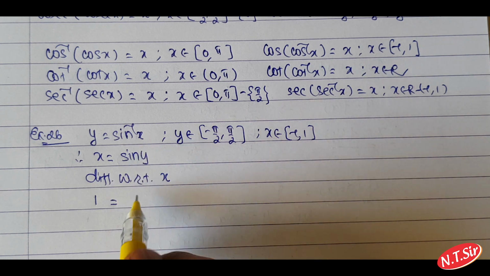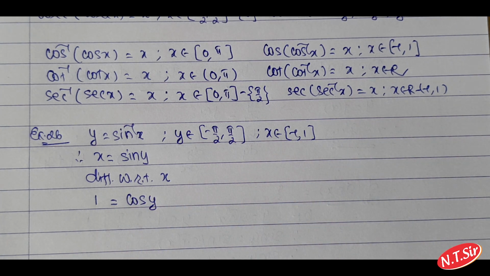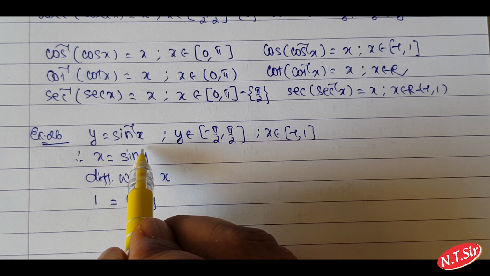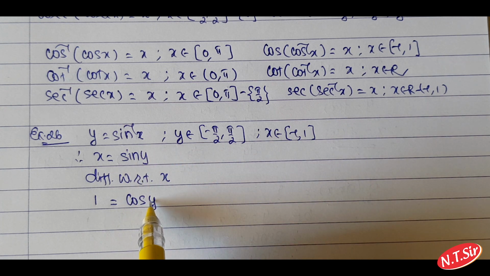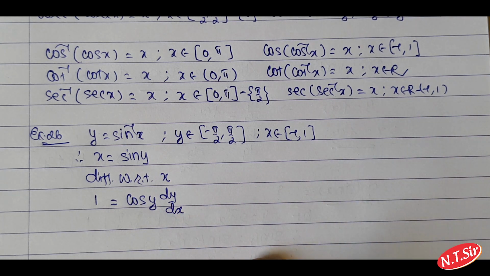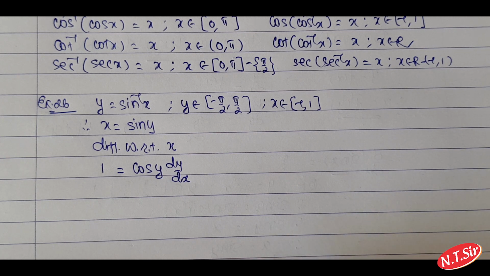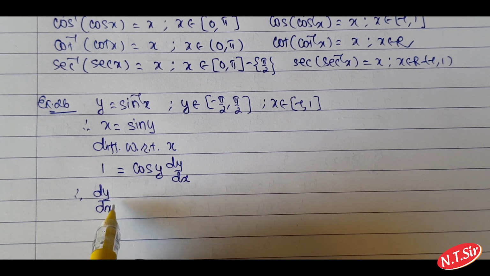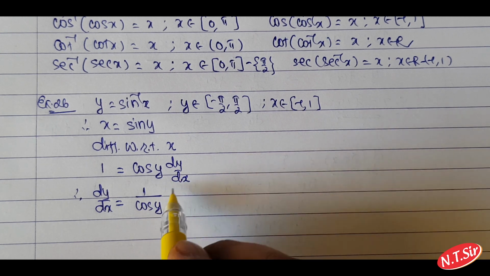So sin of bracket, derivative is cos of bracket, right, you know the chain rule. Sin of bracket, here it is not x, so instead of x you have to write the bracket. So sin bracket, cos bracket, and derivative of bracket, that is dy by dx. Now we want to find the derivative of y with respect to x, that is dy by dx. So therefore dy by dx is equal to 1 upon cos y, right.